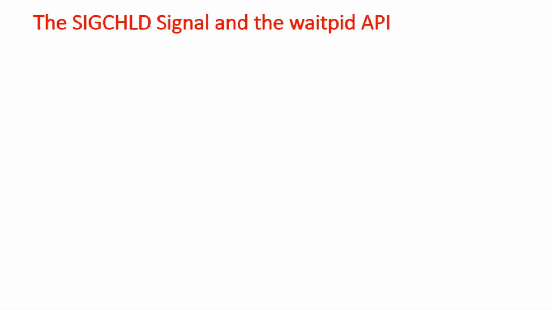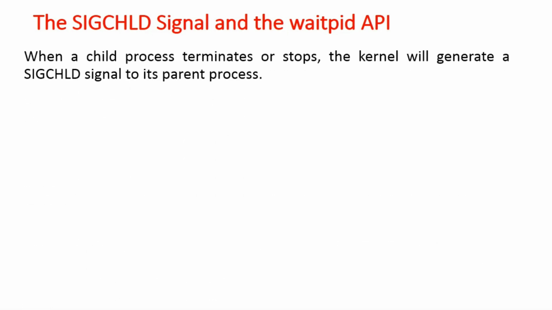The next one is the SIGCHLD signal and the waitpid API. When a child process terminates or stops, the kernel will generate a SIGCHLD signal to its parent process. As you know, the parent and child will be executing, both are executing and communicating with each other.